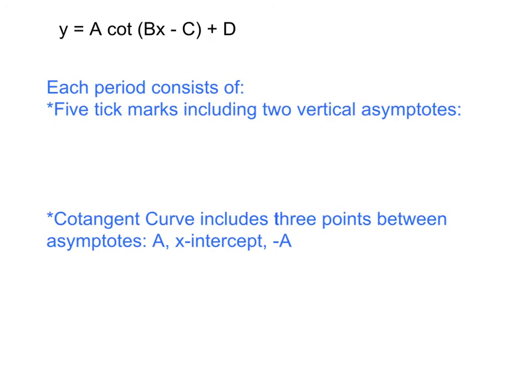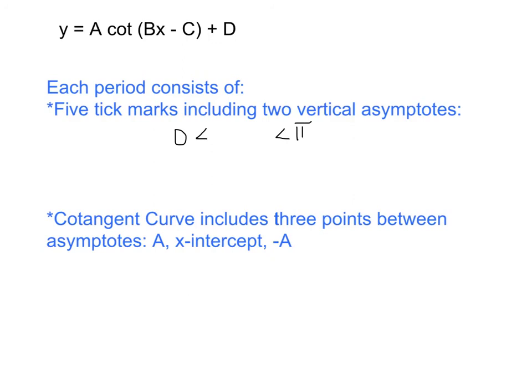And that was between 0, I'm going to use a different color, so 0 and pi were the two places where cotangent is undefined.